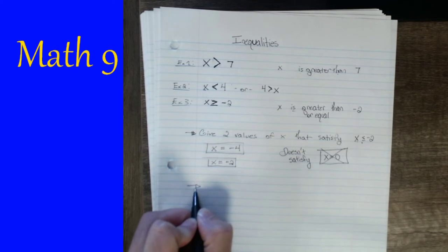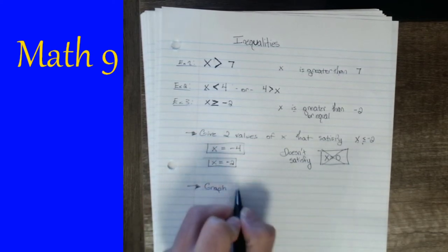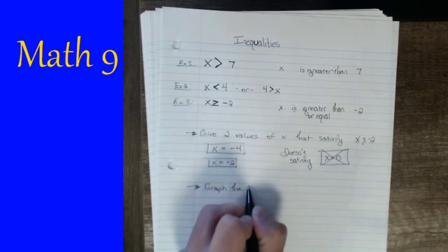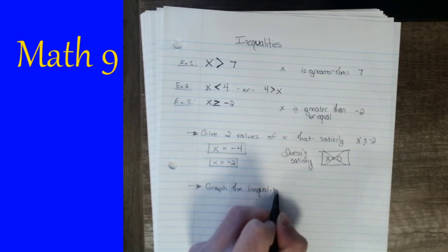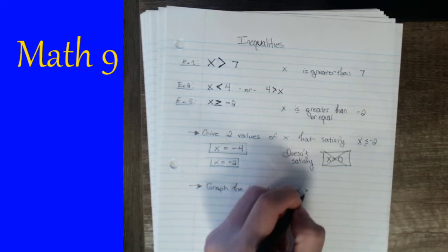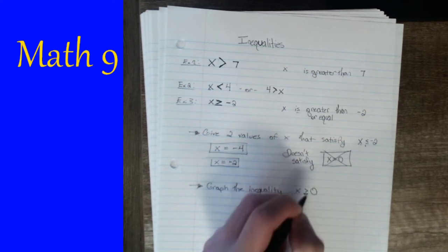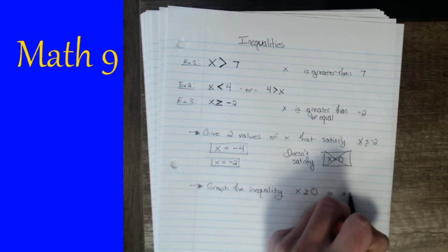Another way that we represent this information is by graphing the inequality on the number line. So let's graph the inequality x is greater than or equal to 0 on a number line.